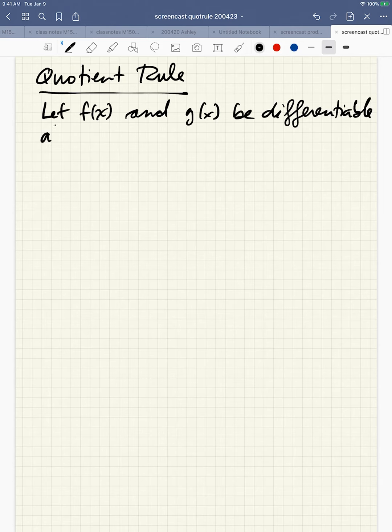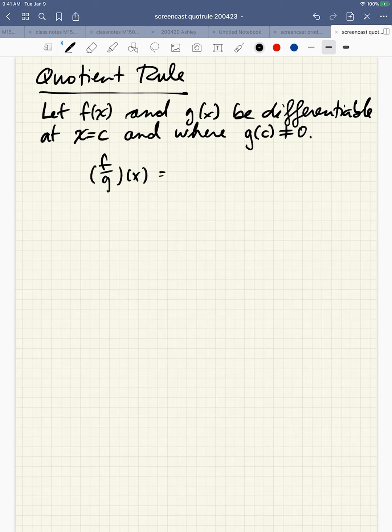So for the purposes of the screencast, we're going to let f of x and g of x be differentiable at some number c, some input c. And we're also going to assume that g of c is not equal to 0. That's because when we define the quotient function as the function whose values are the quotients of the output values of the two functions, when we plug in x equals c, we don't want to get division by 0, right?